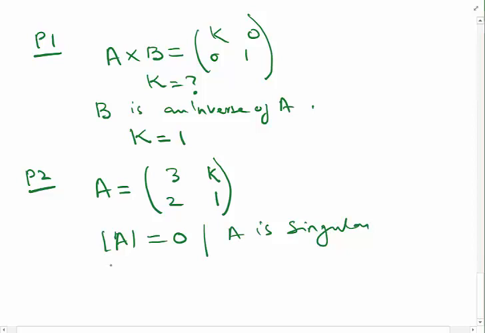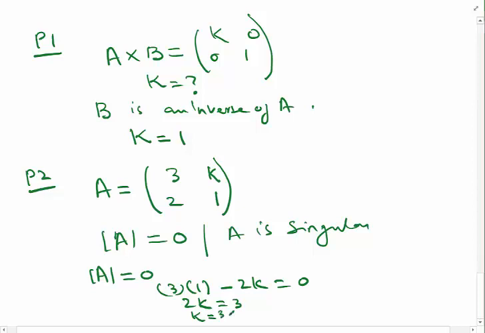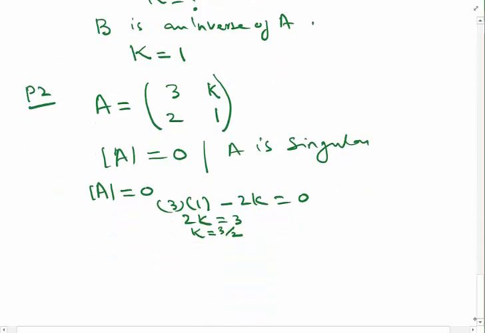So if matrix A is singular, then the determinant of that matrix is 0, meaning 3 times 1 minus 2 times k should be 0, meaning 2k is equal to 3 and k is equal to 3 over 2.